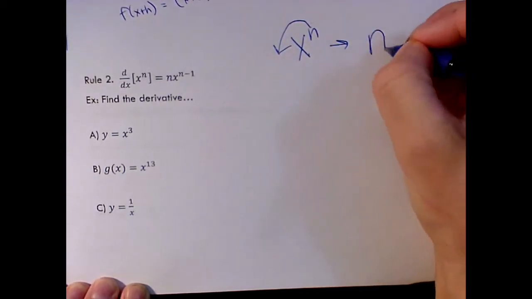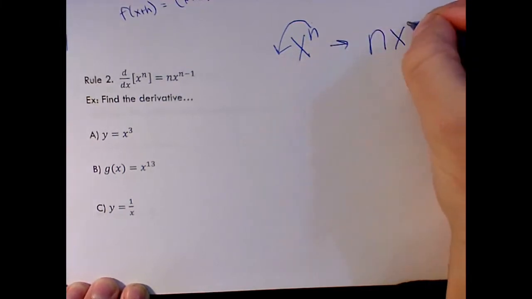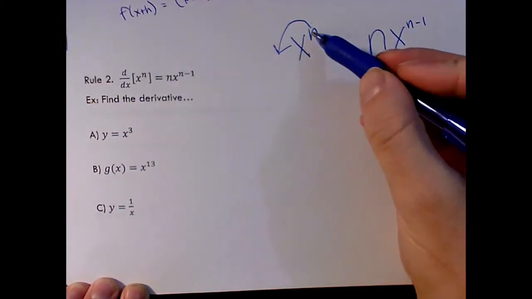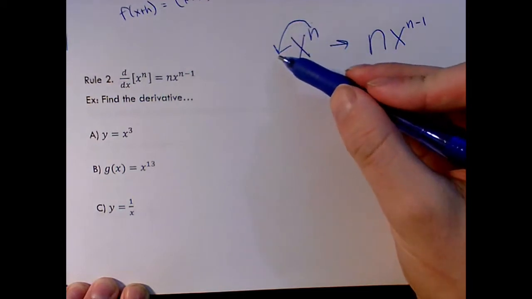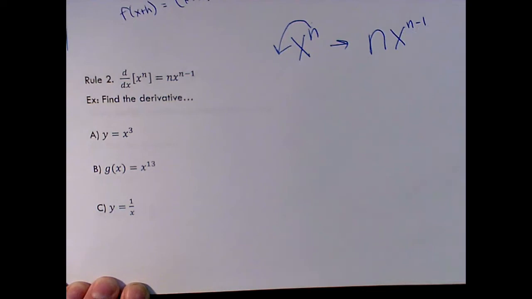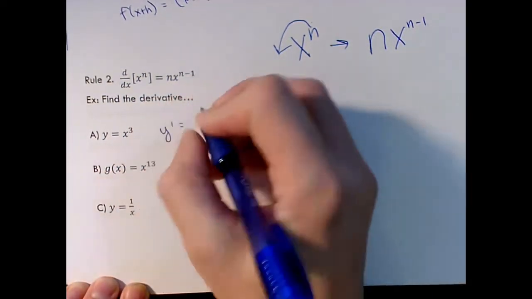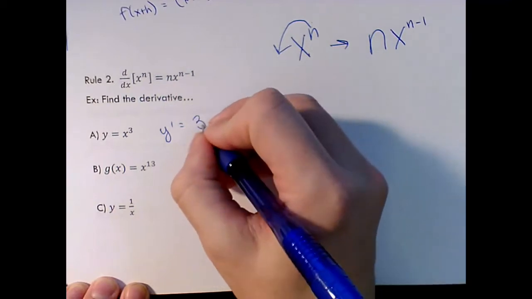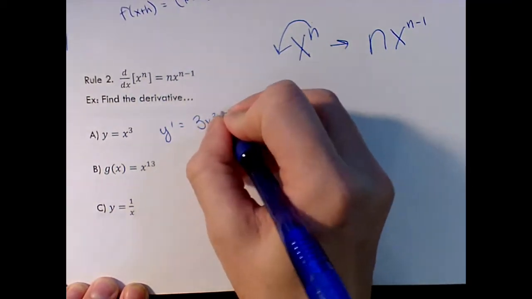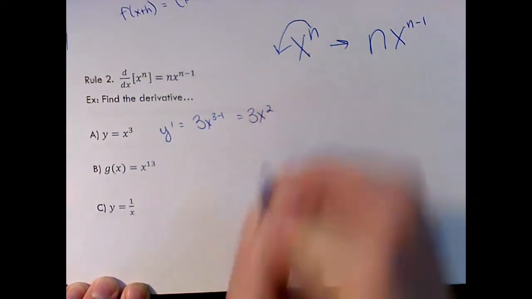So now you have n in front of x, and then you remove 1 from the exponent. Take the exponent, bring it out front so it's now a coefficient, and then subtract 1 from the exponent. So you take the 3, you bring it out front, and you subtract 1 from 3, and so our answer is 3x squared.